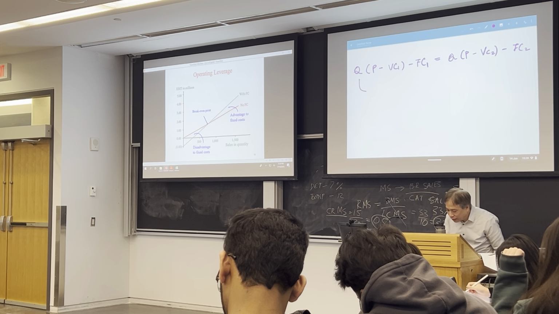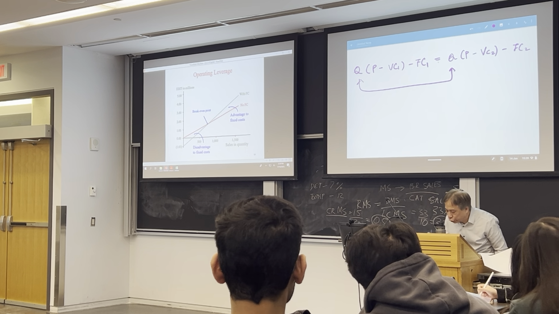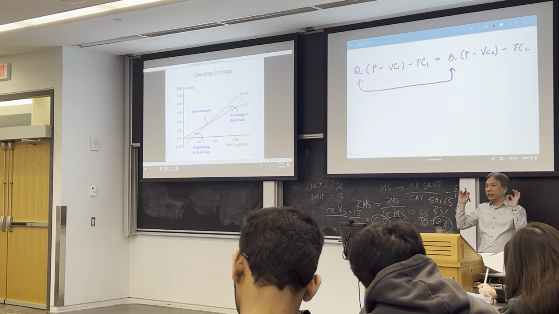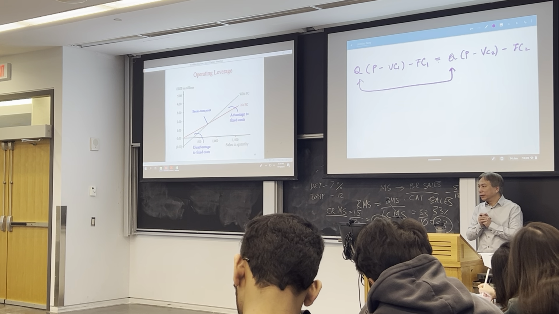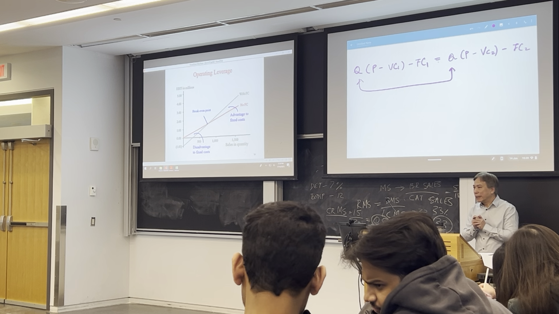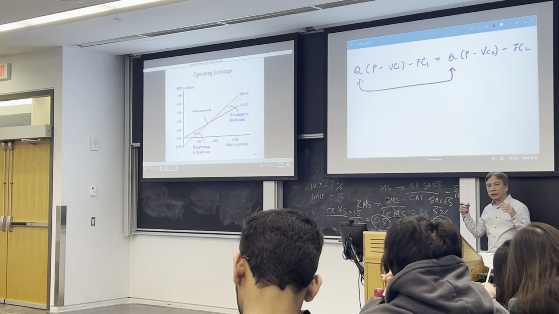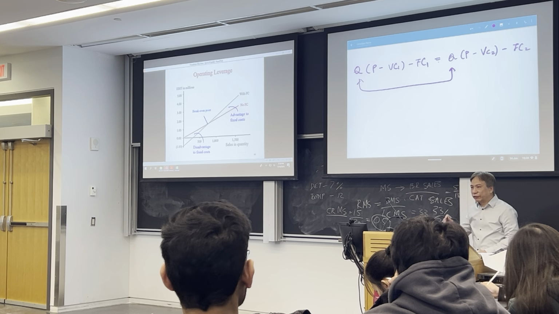You want to find the Q so that the two are equal. That's the break-even quantity or the indifferent quantity. Okay? You need it in your assignment too. I want you to find the indifferent point.